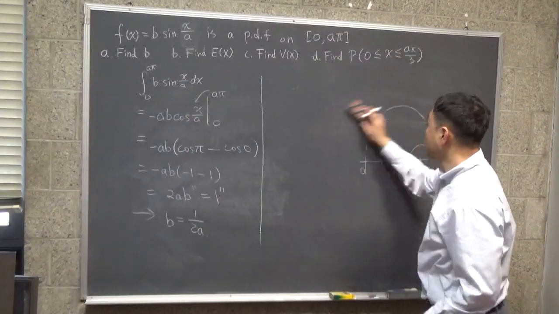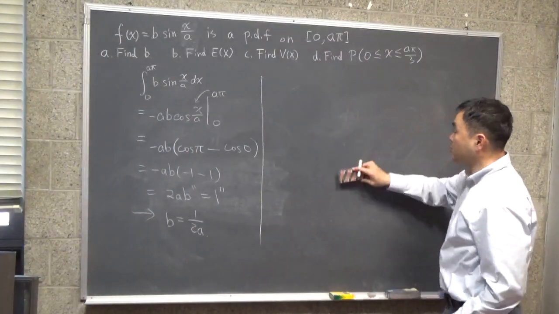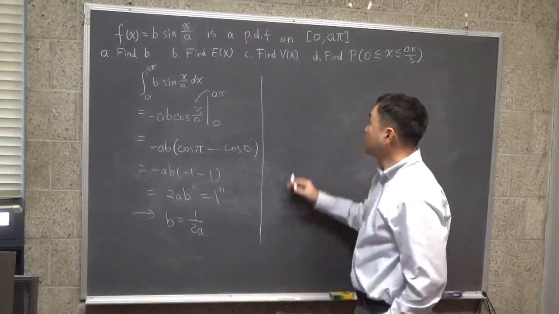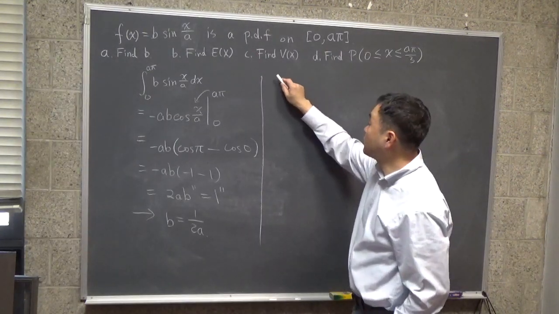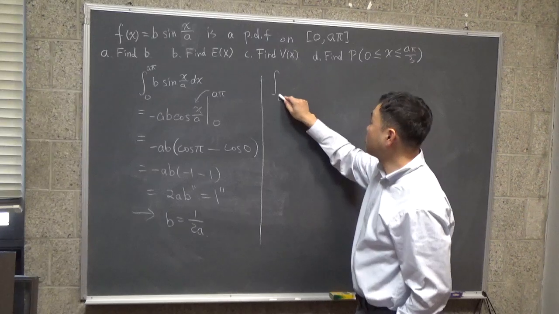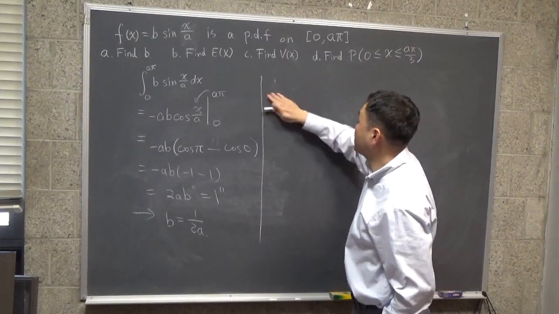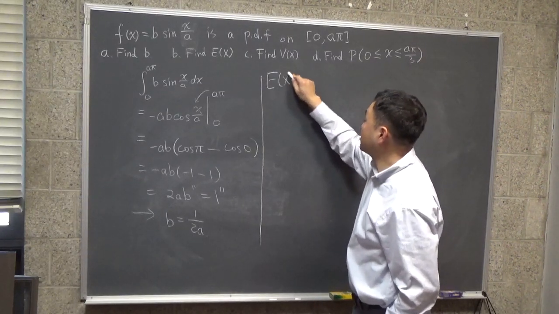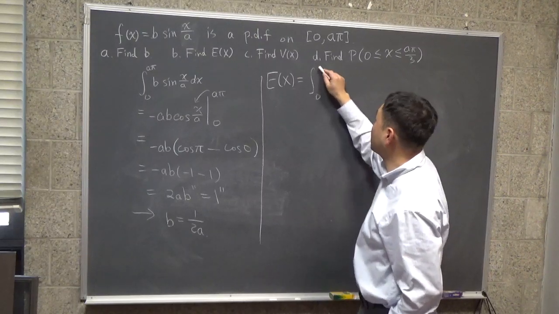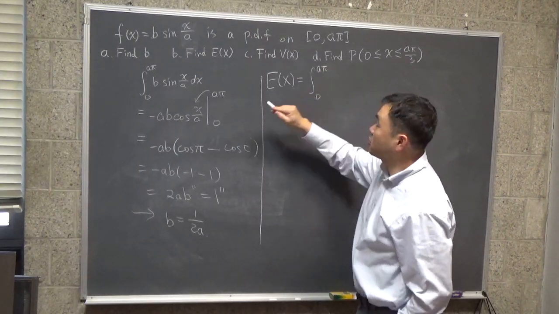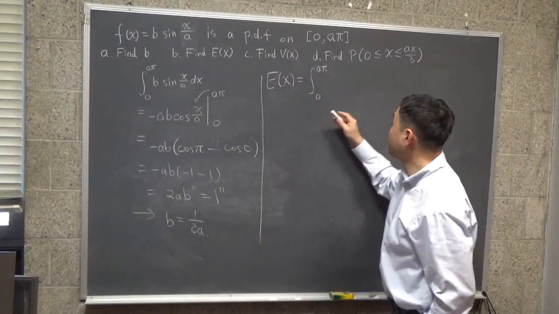Now, question B says, find the expectation value of x. Expectation value by definition is, E of x is the integral from 0 to a pi. Remember that b is 1 over 2a.